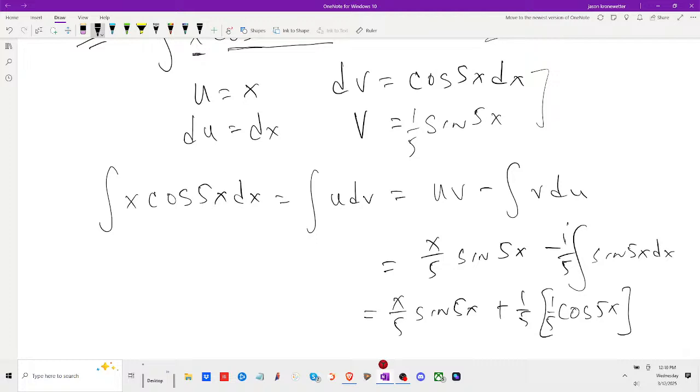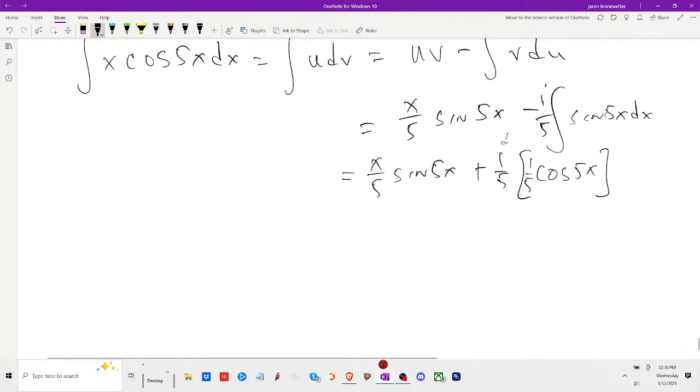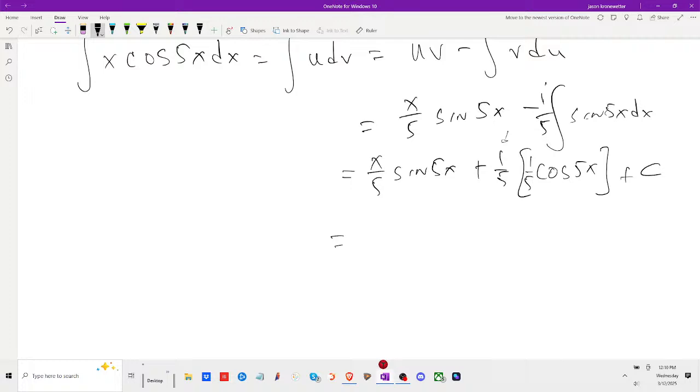So that's where that minus comes in. And then, because it's sine 5x, when I take the derivative of cosine 5x, I would get an extra 5 out in front, so I need a 1/5. That's independent of this 1/5 right here. Okay, anyway, so that's our answer here. It's going to be x over 5 sine 5x plus 1 over 25 cosine 5x plus constant.